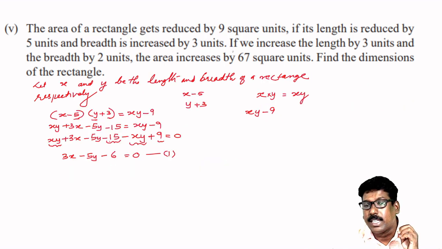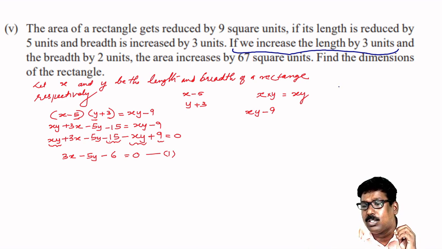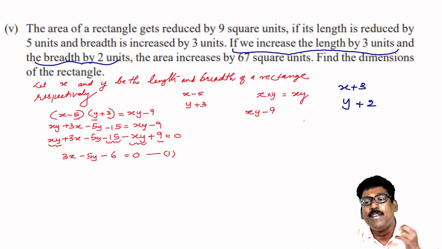Now look at the second condition. If we increase the length by 3 units, that means the length is x plus 3, and the breadth by 2 units. The breadth also increases by 2 units, that means y plus 2. The area will be increased by 67 square units.